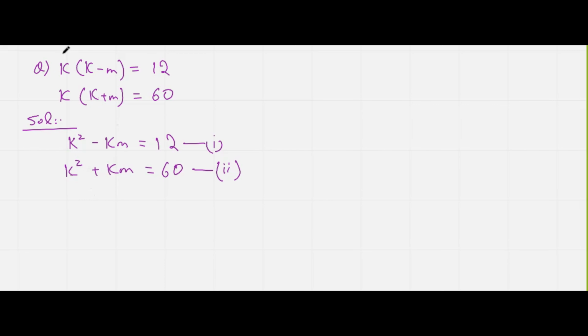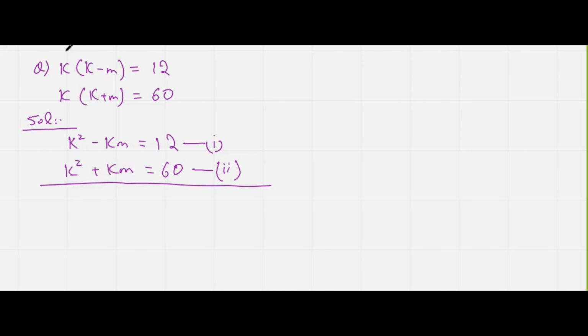Fine. So I have decided to use elimination this time. You can see that the coefficient of k square is same in both equations, and the coefficient of km is also same in both equations. So I have decided to eliminate the km term here. Signs are different for the km term, so I'm going to add up these two equations.